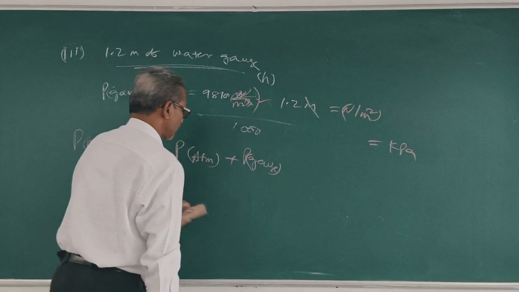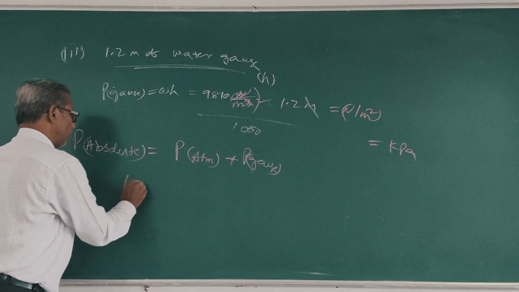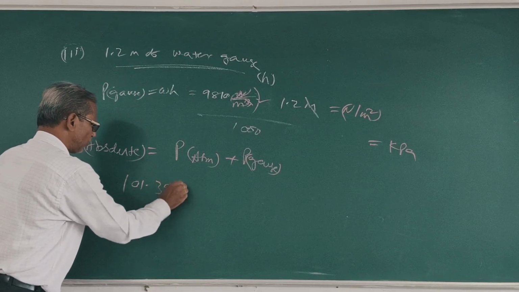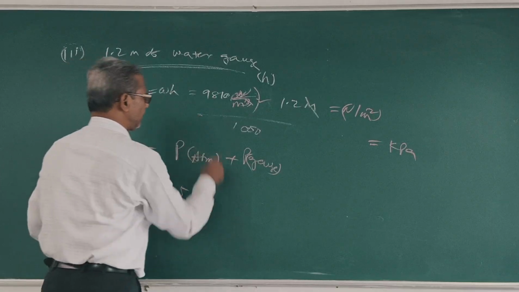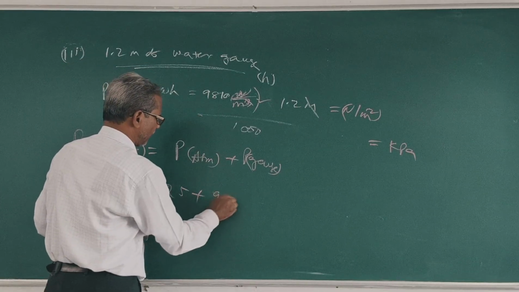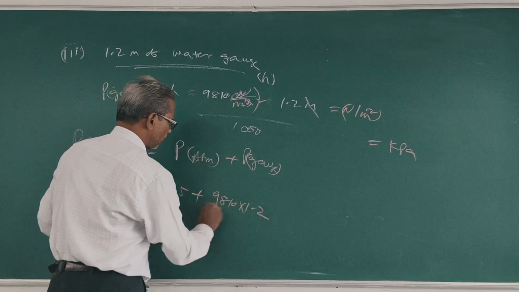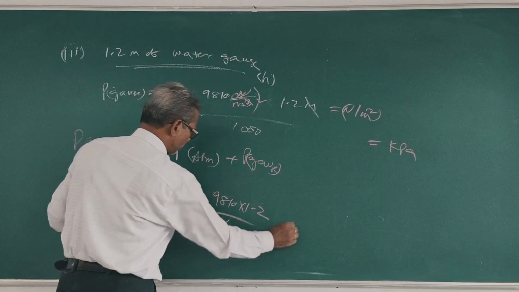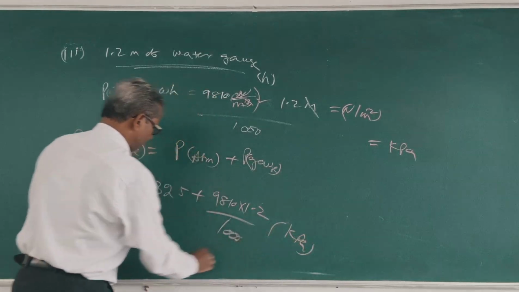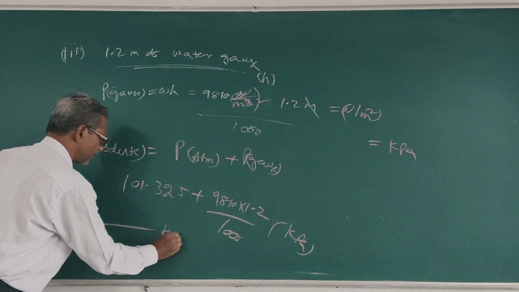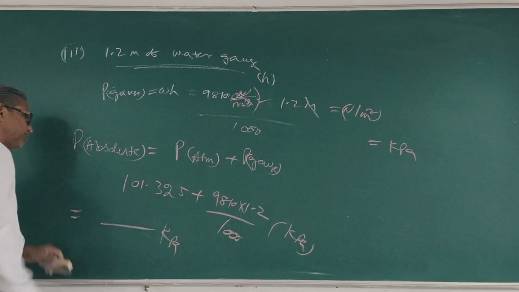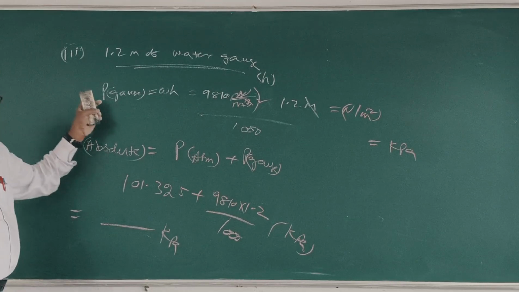Clear? What is P atmospheric? 101.325. What is P gauge? 9810 into 1.2 by 1000. Both answers are in kilopascal. The answer is in kilopascal. This is the number 3 answer.